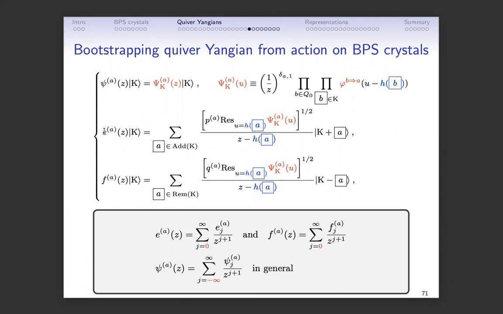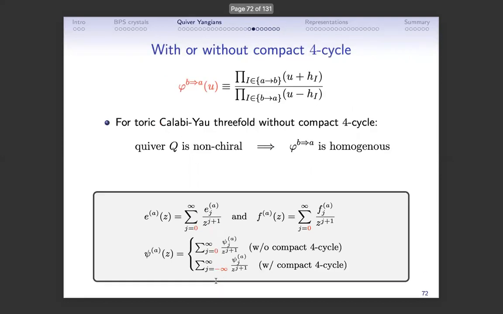From this ansatz, you see that the expansion of the E mode and F mode doesn't change. Because this bonding factor in general is some rational function, you see that this mode expansion can start from minus infinity.